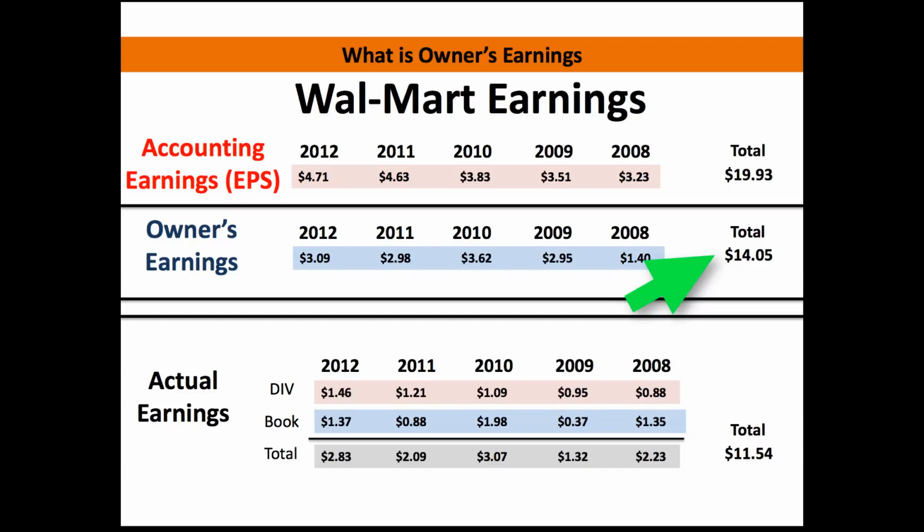That's why you're seeing that decrease. But what you actually saw materialize as the shareholder is at the bottom, the dividend and the growth in the book, and that was only $11.54. So it's interesting to look at these three lines and see what the owner actually received versus what you would have calculated versus what was being reported.